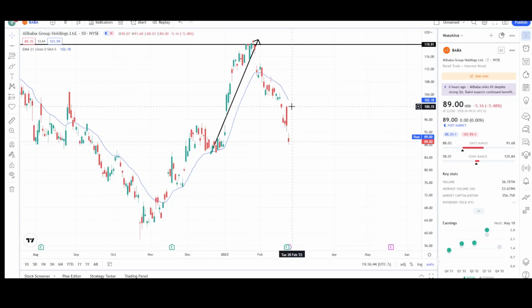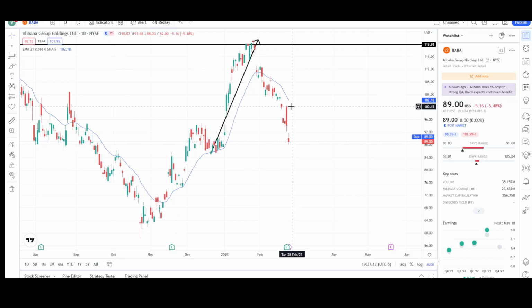BABA gapped up, and we got that bounce from that 93.96 level, and then prices gapped back down. So basically the market makers or whoever were like, okay, let me bump up the price during the earnings report, trick a bunch of people, and then I get to short at a higher price. So when prices drop down, I'm already in profit. That's exactly what happened.